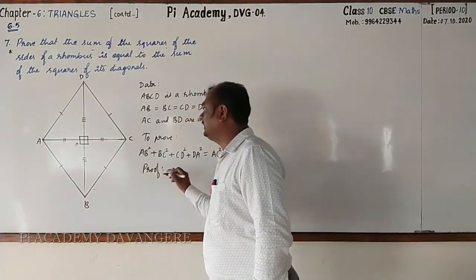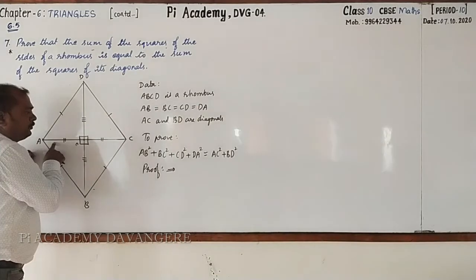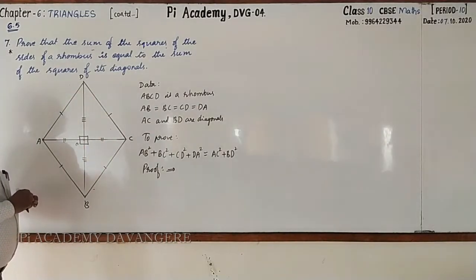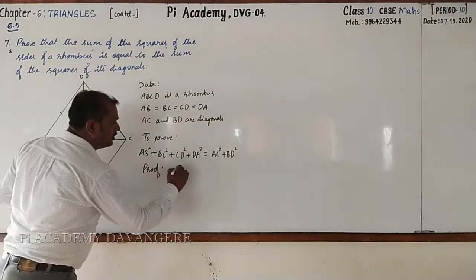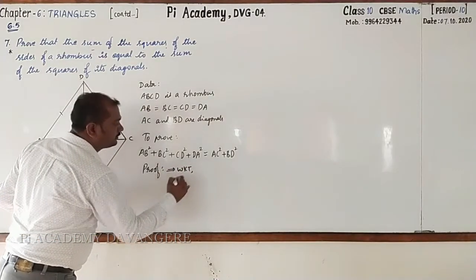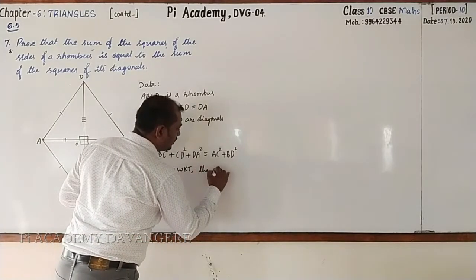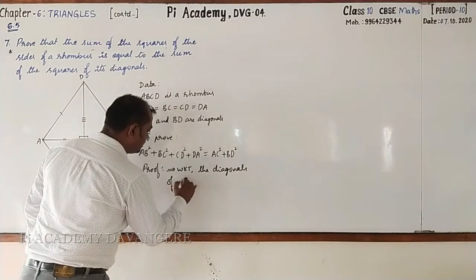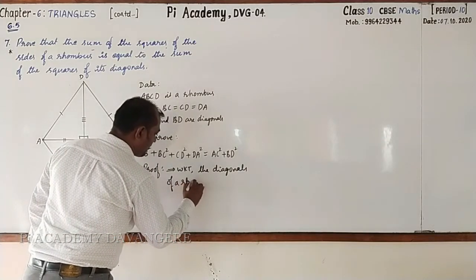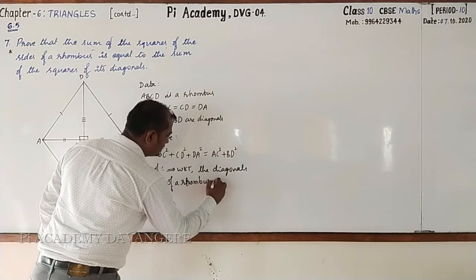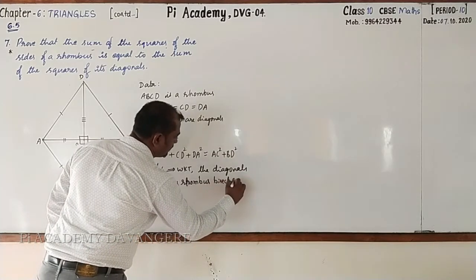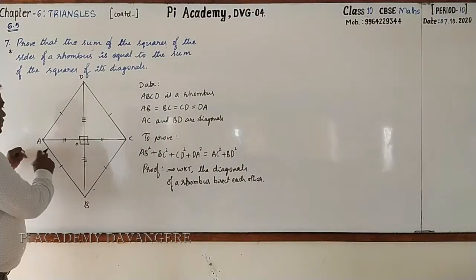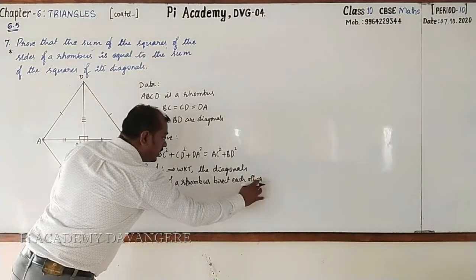Here, first I'll write. We know that the diagonals of a rhombus bisect each other. That property must be used. The diagonals of a rhombus bisect each other at right angles.